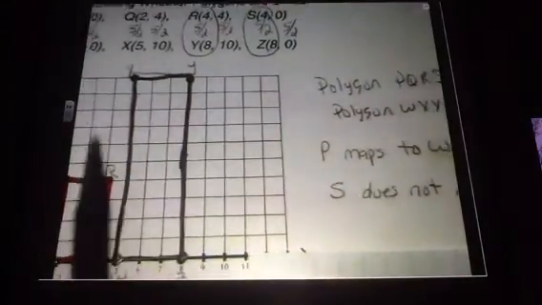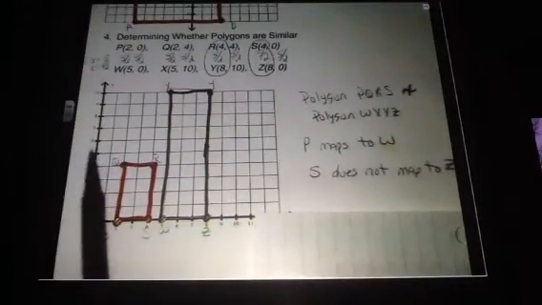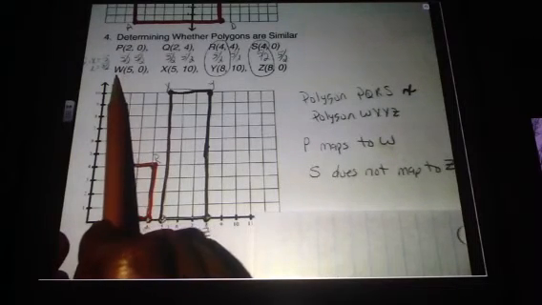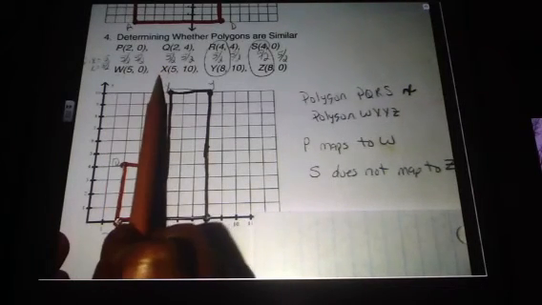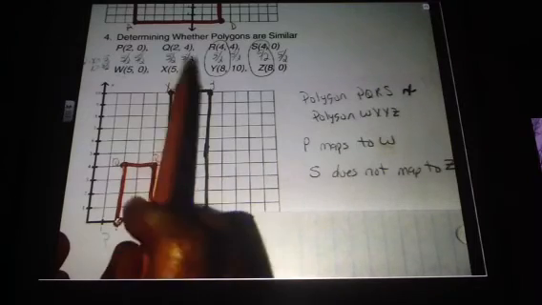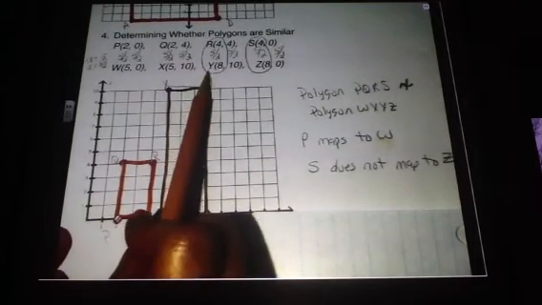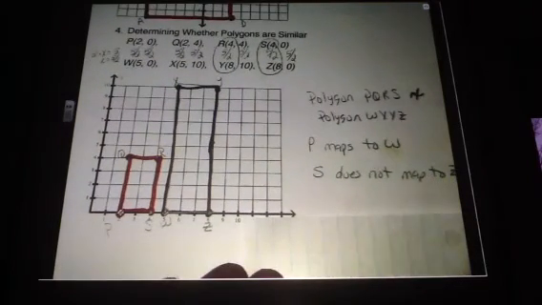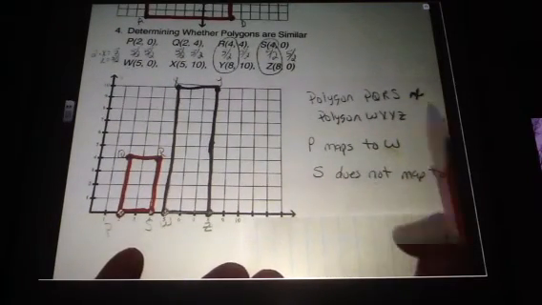Let me zoom out here. We have P that maps to W, and we have Q that maps to X. However, R does not map to Y, and S does not map to Z. You only have to give one example of where it does not map in order for it to not be similar.